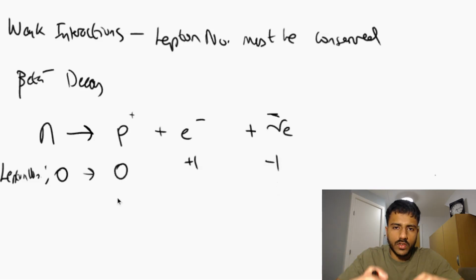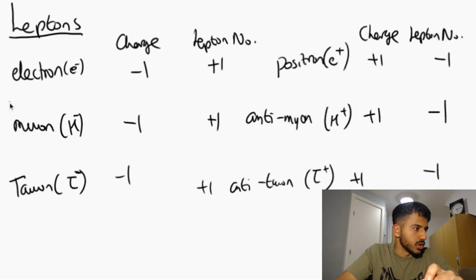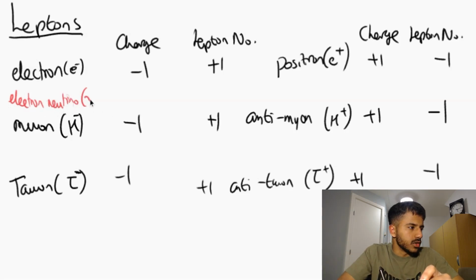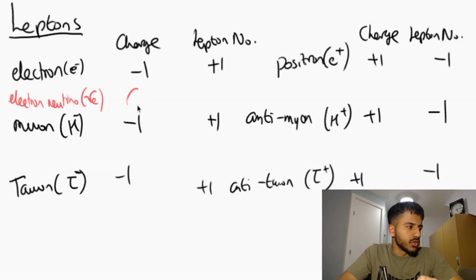So let's look at the different types of neutrinos that exist. First up we have the electron neutrino. And the symbol for this is just a V looking letter and a little subscript E. Now, neutrinos are massless and they have no charge, but an electron neutrino has a lepton number of +1.